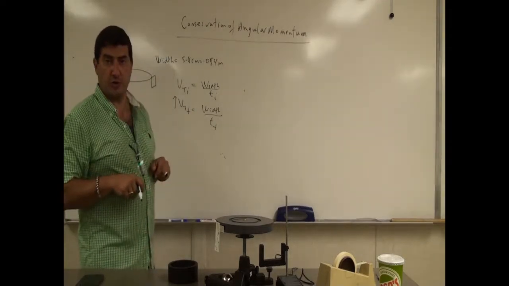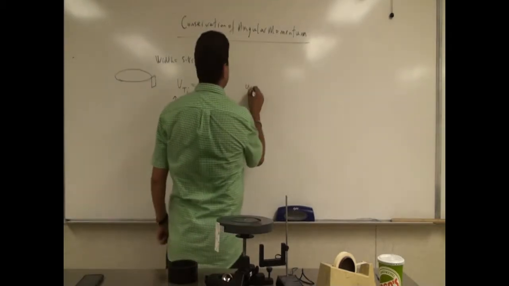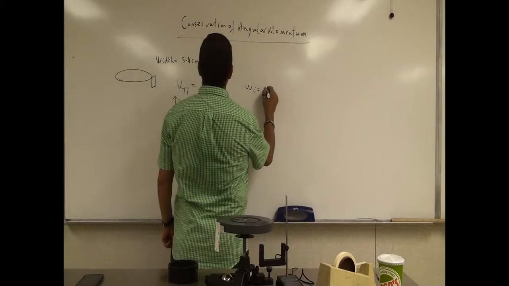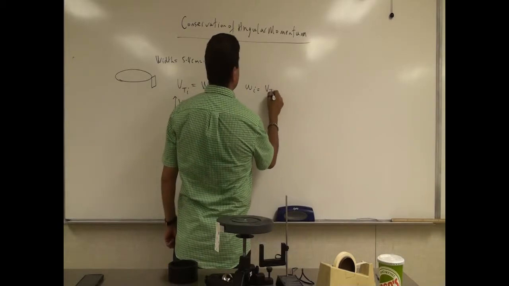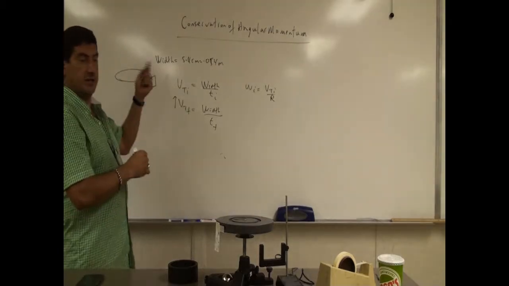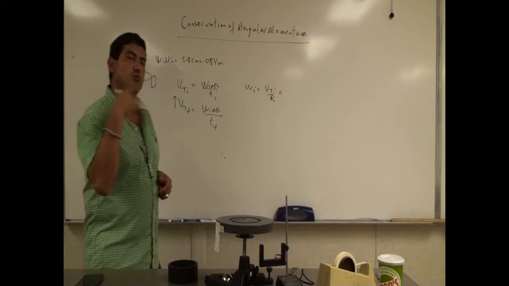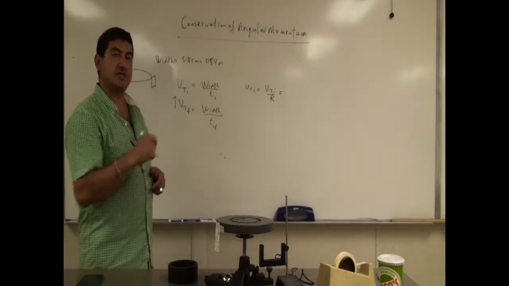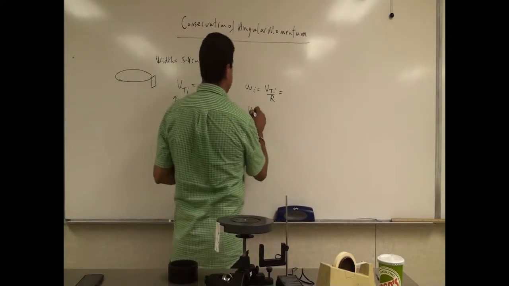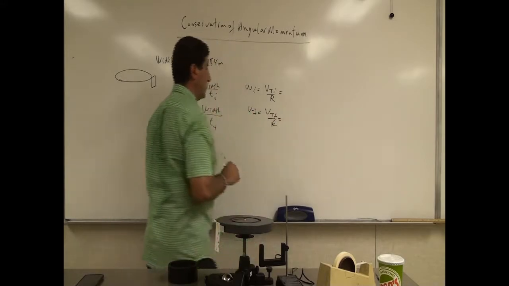Then, in order to calculate the angular velocity, omega initial should be equal to V tangential initial divided by the radius of the disk, right? The radius of the disk. So I divide that, that gives me the initial rotational velocity of the disk, right? And then omega final is equal to V tangential final over R, okay?